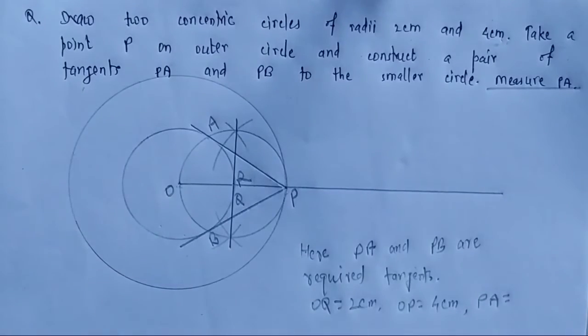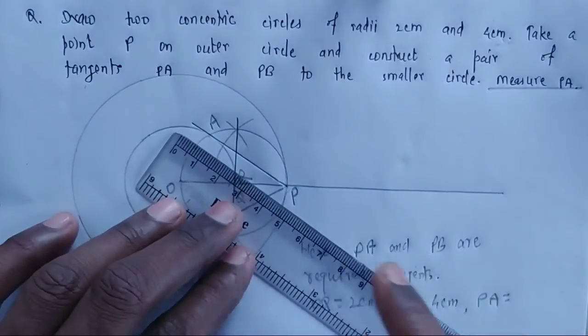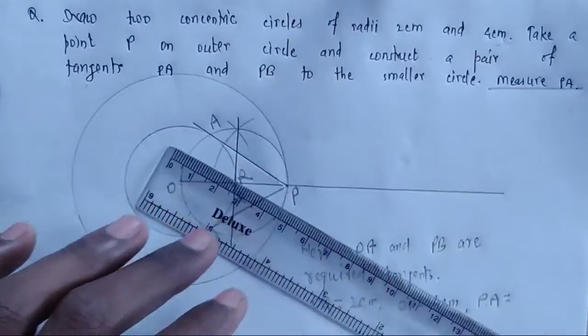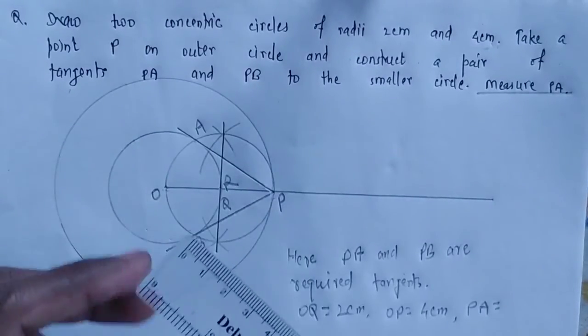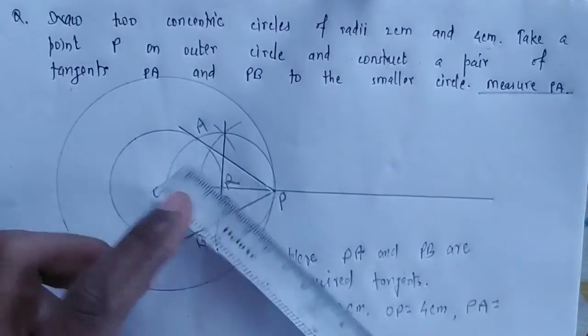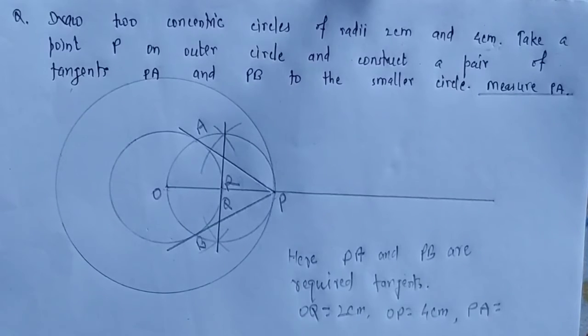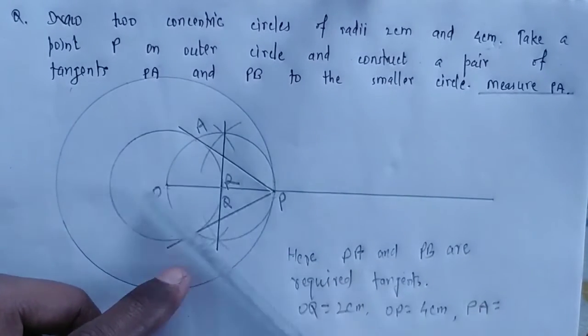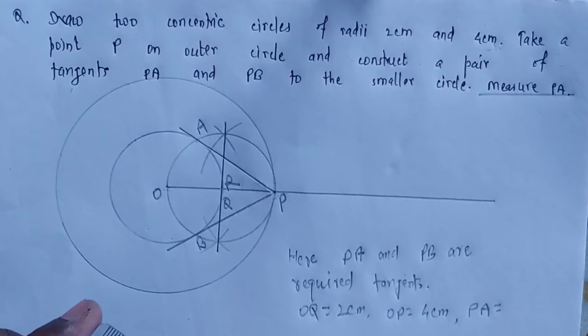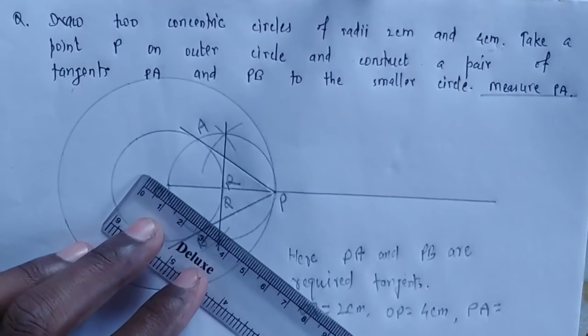You can simply find the value of PA by using a ruler, but if you use the ruler, you may get an incorrect measurement due to error. So you should never use the ruler to measure the length.